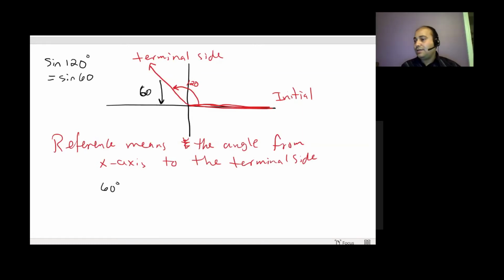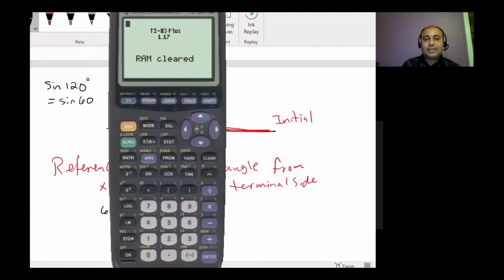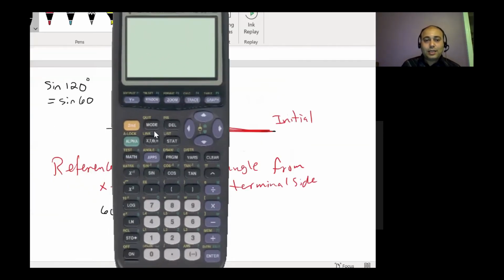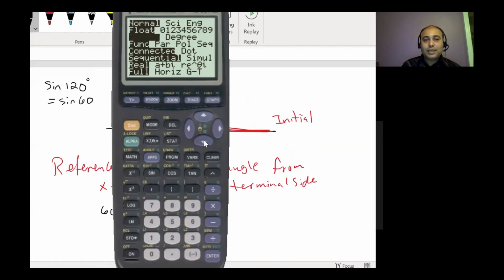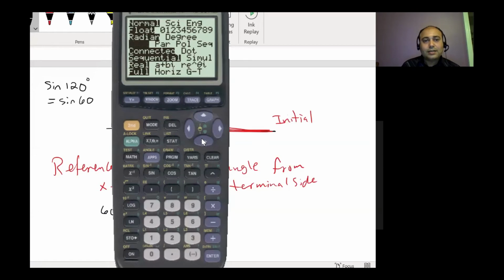If I grab the calculator right here, obviously I need the mode to be in degrees.